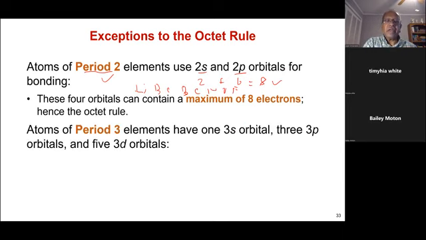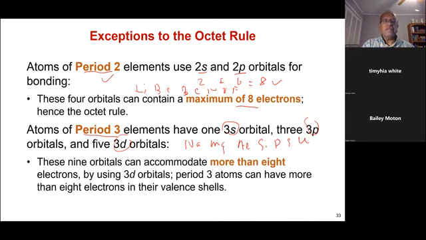But period 3, the third period, starting with sodium, magnesium, aluminum, silicon, phosphorus, sulfur, chlorine, they have 3p electrons and 3d also. There could be more than 8 electrons. Here the maximum is 8.